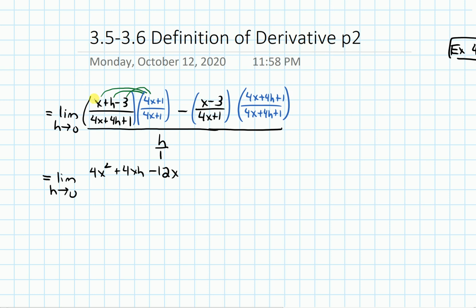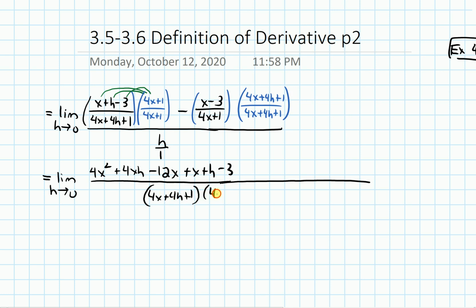Okay, so now we do the same thing, except we distribute the 1. So that'll give me plus x plus h minus 3. And then all over that denominator. Let's actually just start to combine it into one big fraction. So the denominator, I will not multiply out. I'll keep it as 4x plus 4h plus 1 times 4x plus 1.